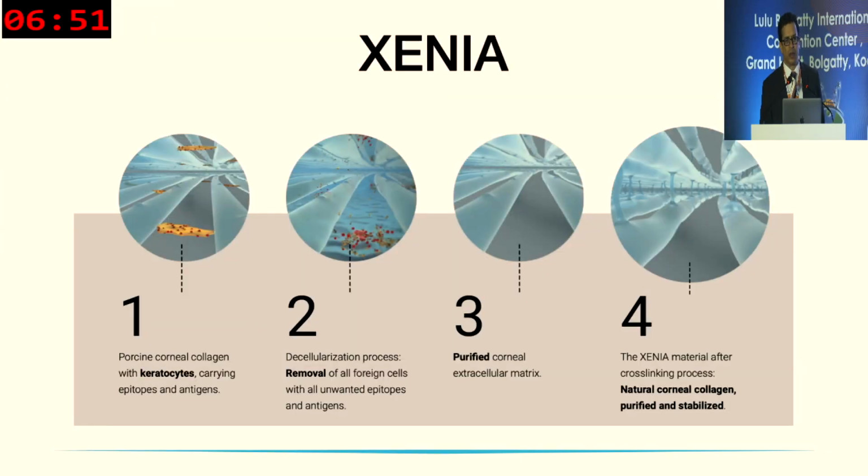This is when we started to explore trying to put in a porcine collagen lenticule inside the corneal stroma of the patient. So this porcine collagen lenticule actually is pre-treated, it's decellularized as well as it is cross-linked multiple times so that at the end of the process, the lenticule actually becomes quite rigid.